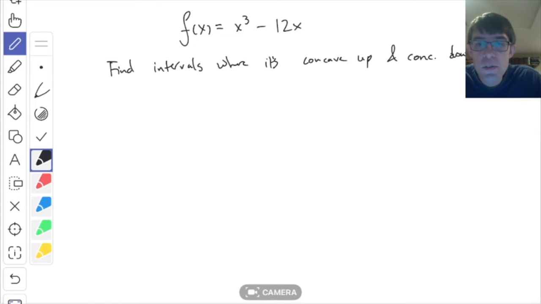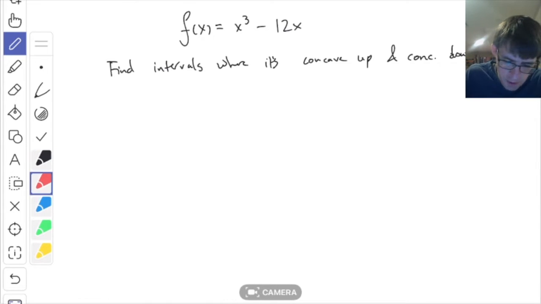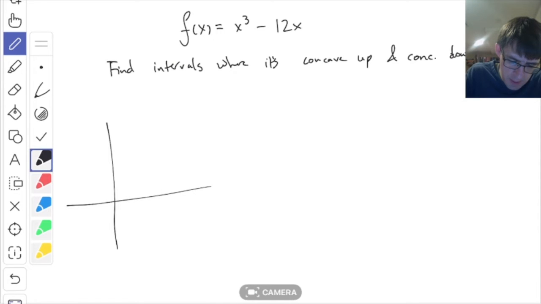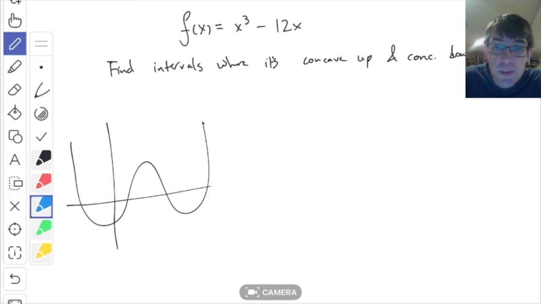On a picture, this looks like sort of the smiley shape versus the frowny shape. If you had a picture of this function, I'm just going to make up a picture over here. The concave up sections are the sections that vaguely have this U, smiley shape, something like here.